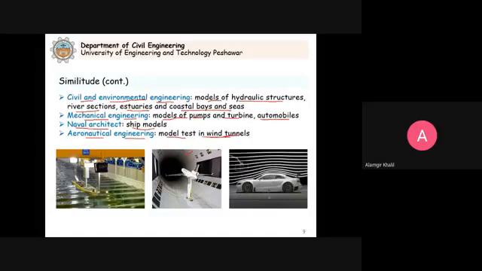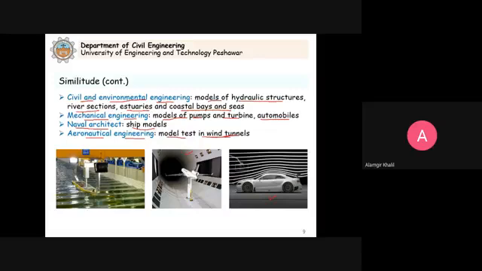Here you can see a model of a car, and the streamlines are shown. We already studied this in the fluid mechanics 2 course, forces on immersed bodies. We want to minimize the drag forces so that the car can move faster and be fuel efficient. If you remember, the shape of the car over the years has been modified.